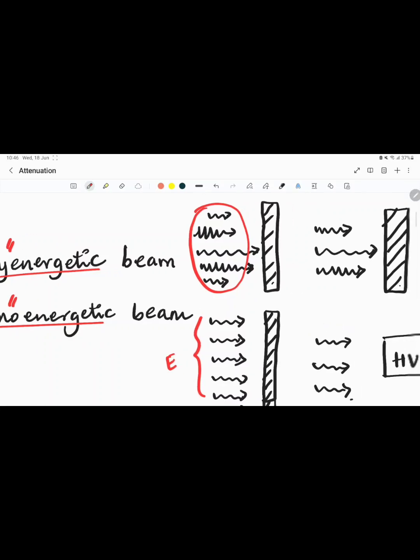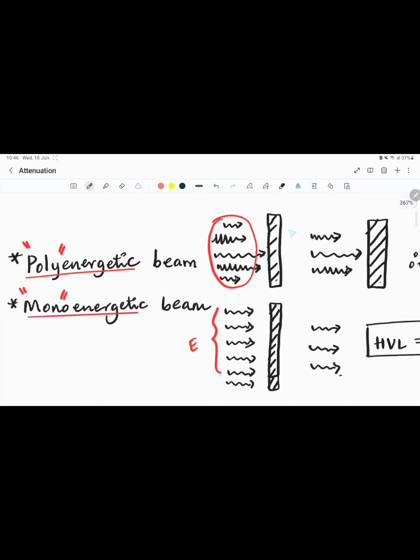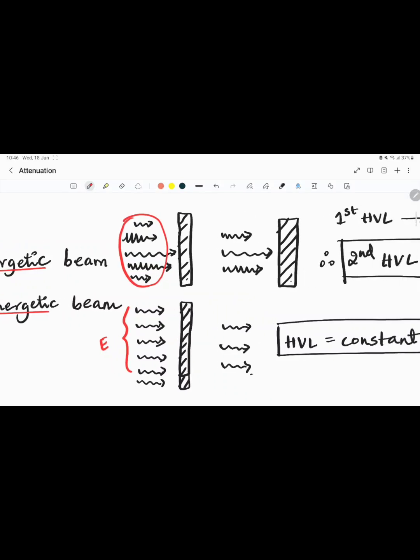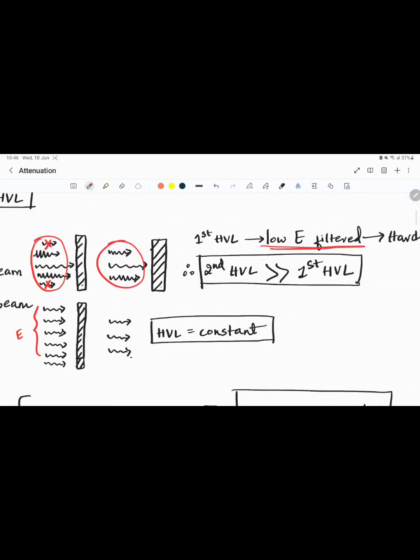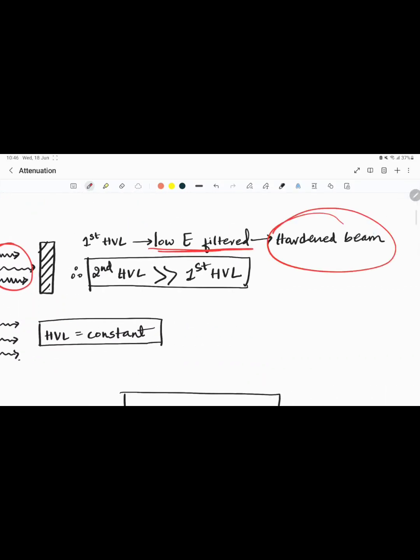If you put an attenuating material, the first HVL attenuates the lower energy beams, and the final beam will be a low energy filtered beam, that is a hardened beam.